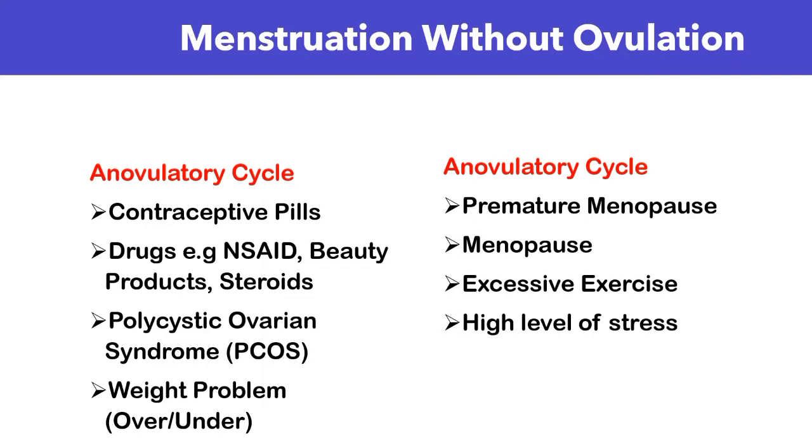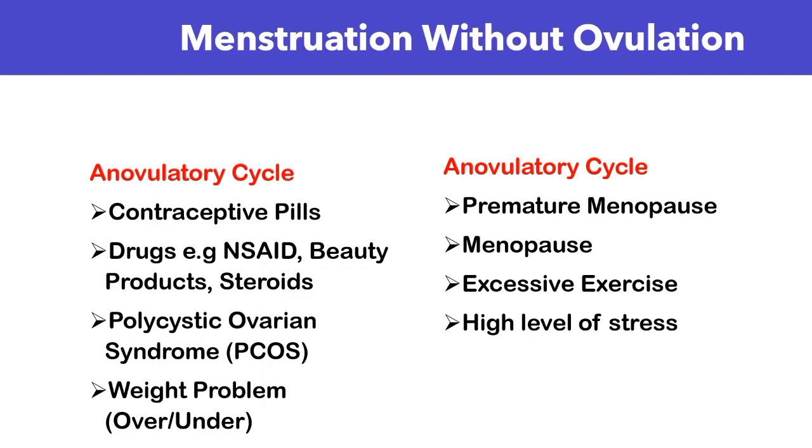There are some beauty products that contain hormones, these anti-aging products that we apply to our skin to look young and beautiful. Some of the active ingredients of these products may be absorbed through the skin and affect ovulation.